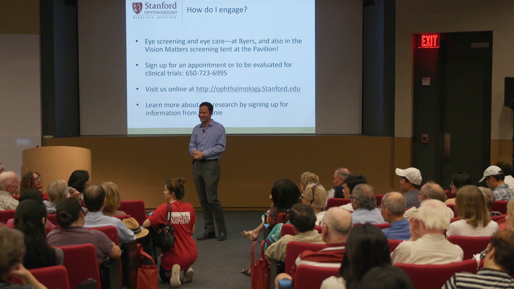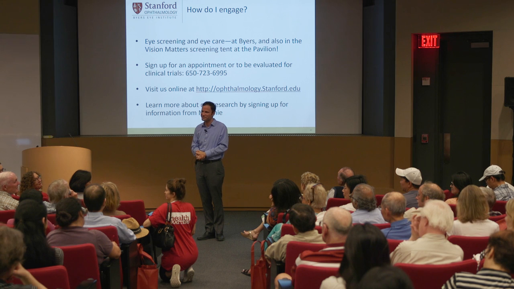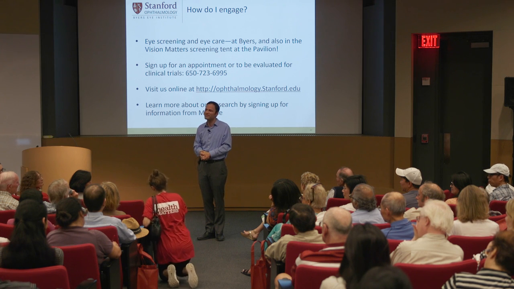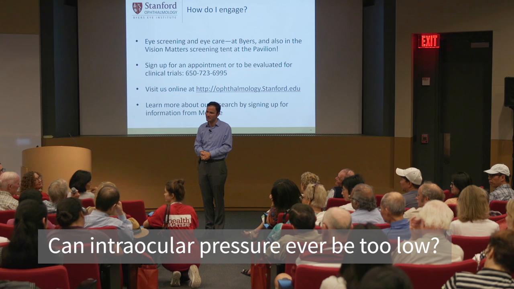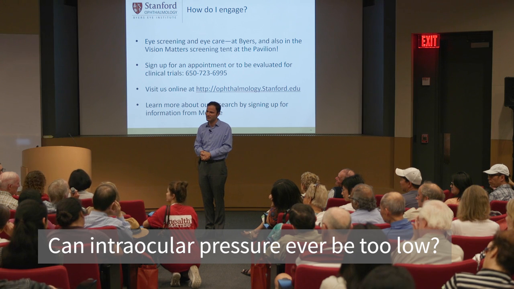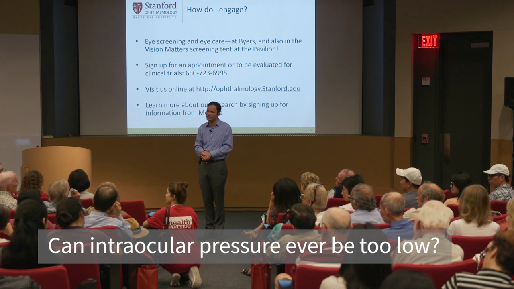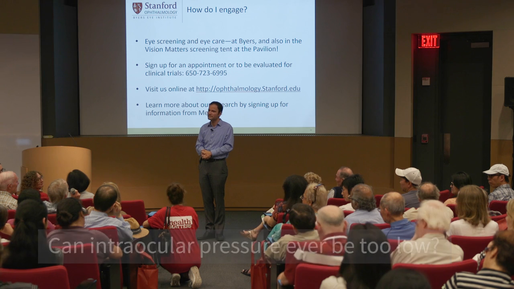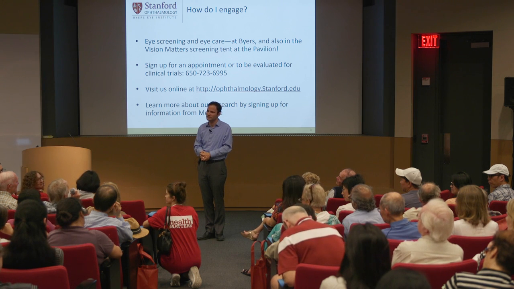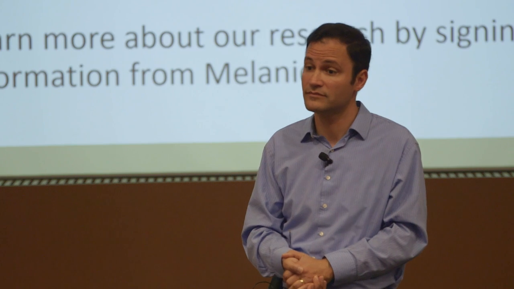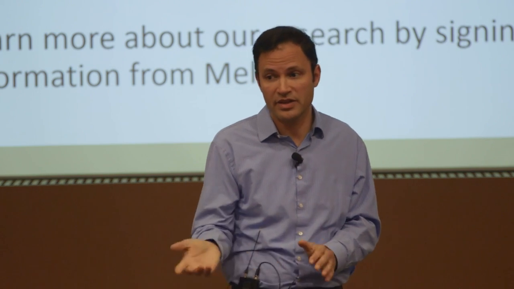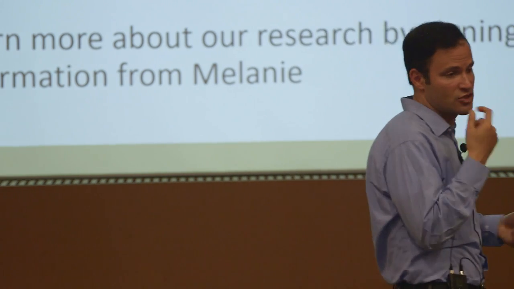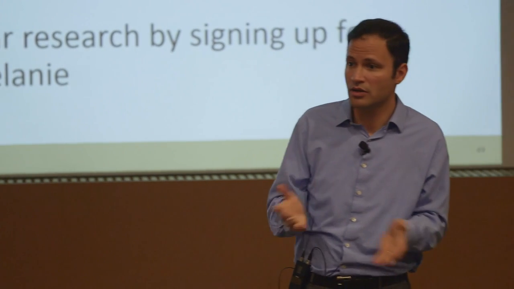My ophthalmologist wanted to lower my eye pressure, IOP, and so he drilled some holes with laser. I'm wondering, can it get too low, and what would be considered too low? Yeah, the eye pressure can, in theory, get too low, and just like a balloon, it could go to 0.